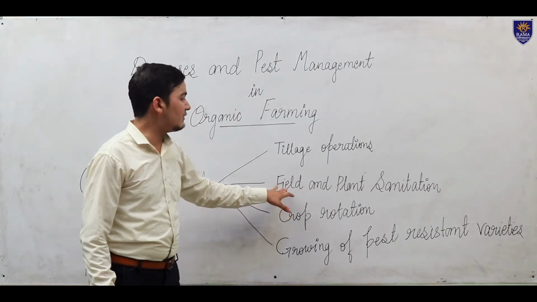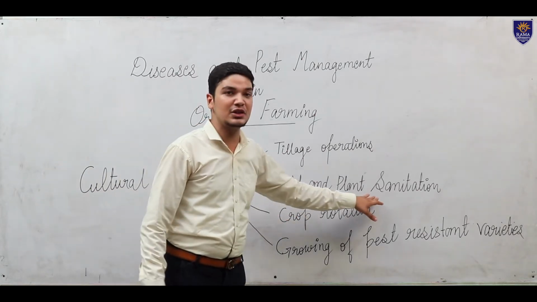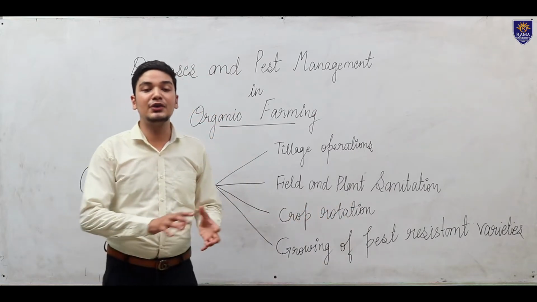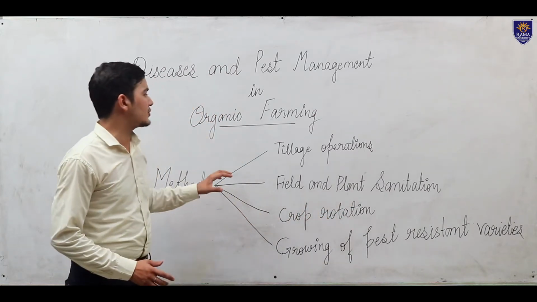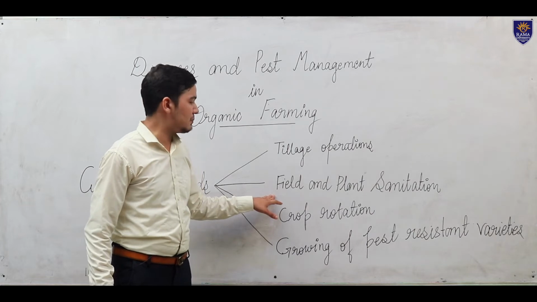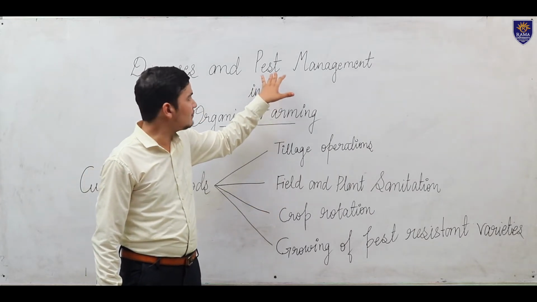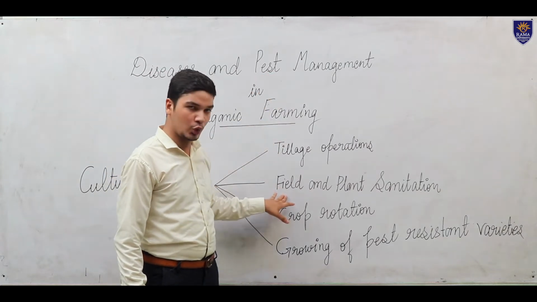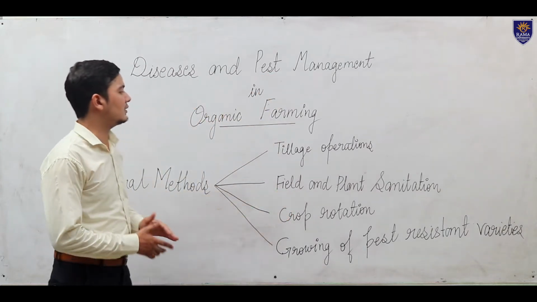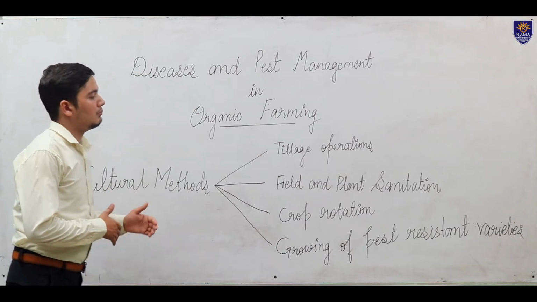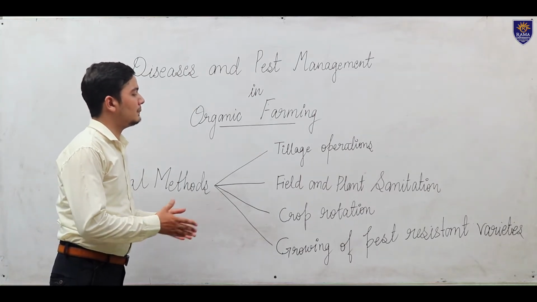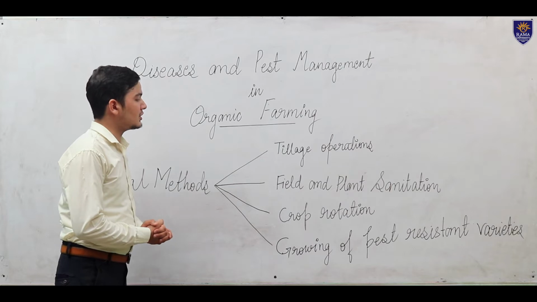When we discuss field sanitation, we remove all those alternate hosts which may be a good host for the pest. Some mechanical manipulation of the plant and some tillage operation can also be done.